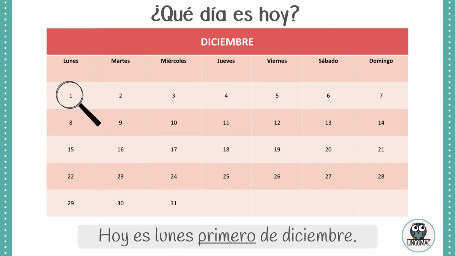And the word for first in Spanish is primero. So whatever month you're using, only when it's the first day of the month, you will always say primero. Hoy es lunes primero de diciembre.